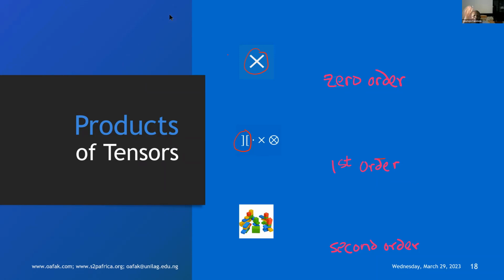Okay. Suppose I gave you two vectors. Let us put some numbers to it. Suppose vector 1 is i plus j plus k.